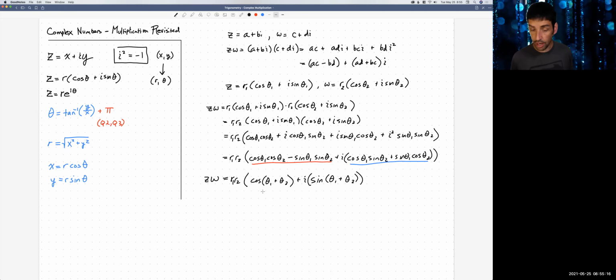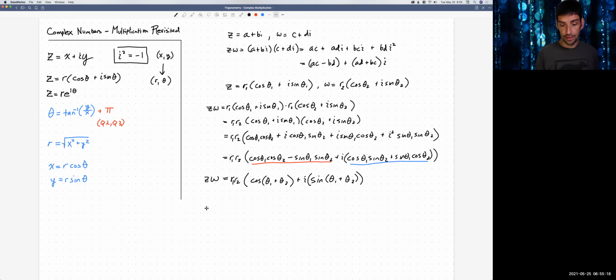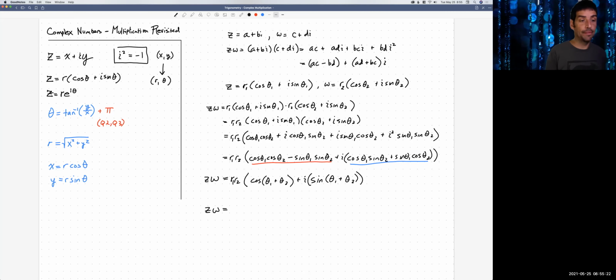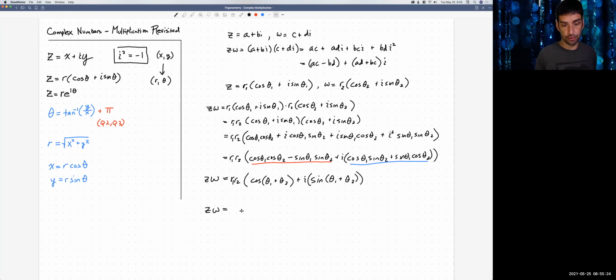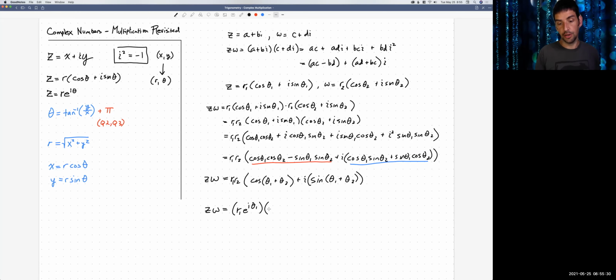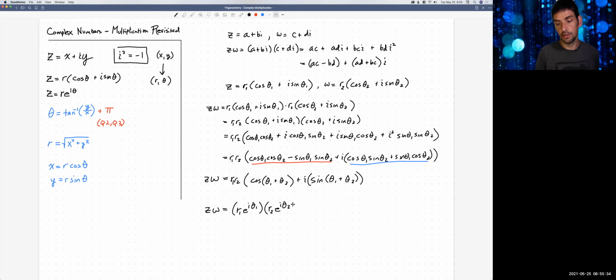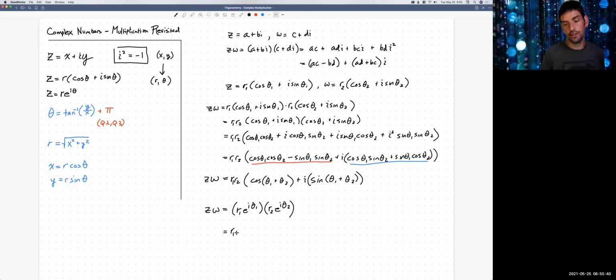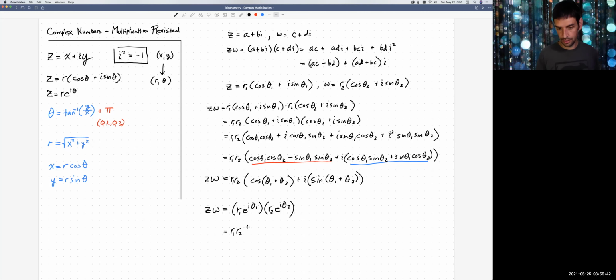Notice this also corresponds exactly with what would happen if we used the exponential form, right? So if z would be r1 e to the I theta 1, w would be r2 e to the I theta 2. Well, we just use the rules of multiplication. We can move things around and move those radius numbers to the front.